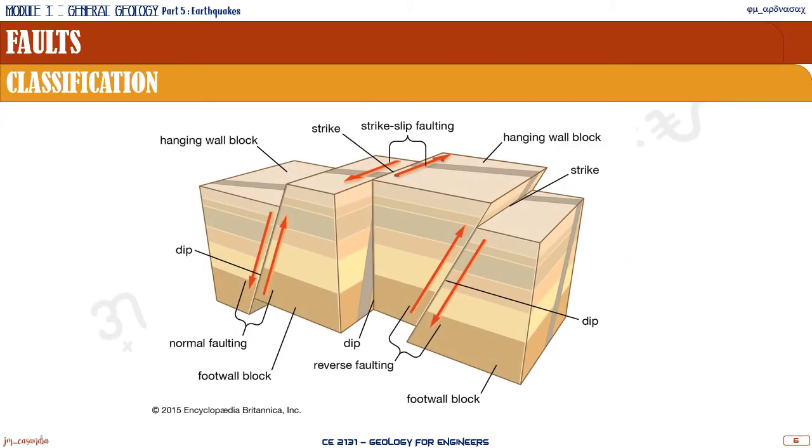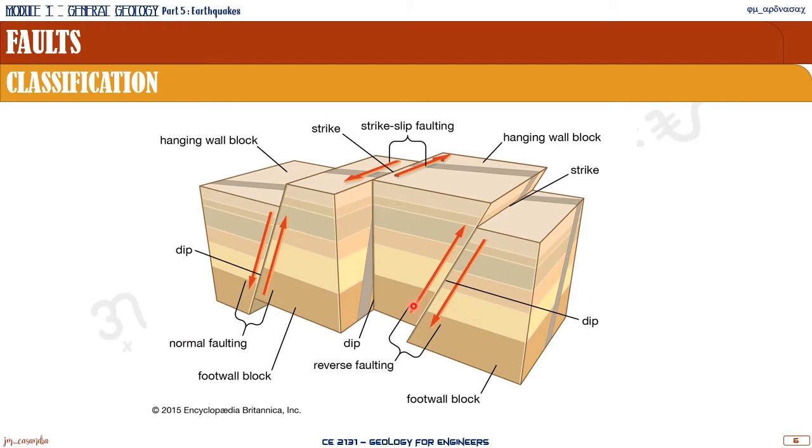Okay, so these are parts of our plates that we consider when we study faults. So basically, we have your hanging wall. The movement of the hanging wall will define what kind of fault we are looking at. So if the hanging wall moves down, then it is a normal fault.